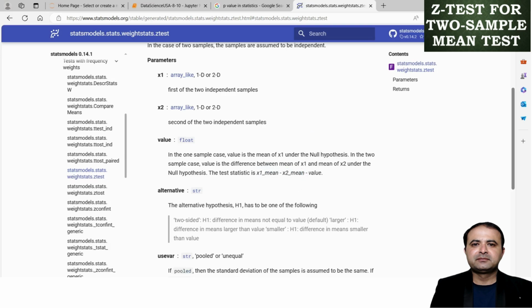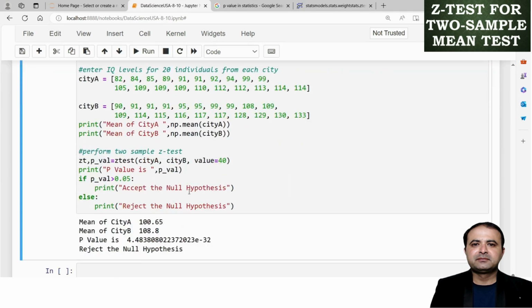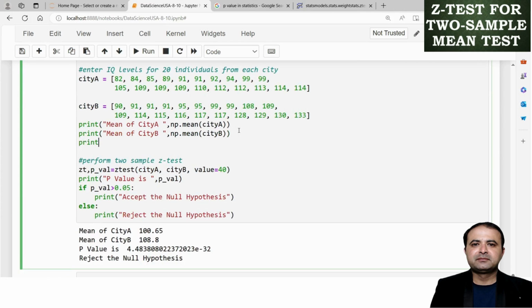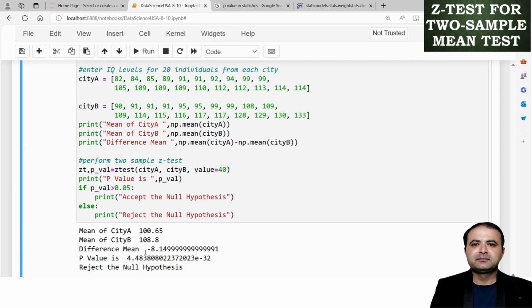Take an example: I have checked the value, difference of means, comma, the NP mean of the first city, so it is the difference.